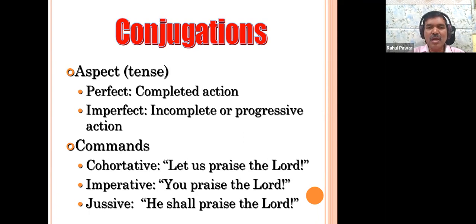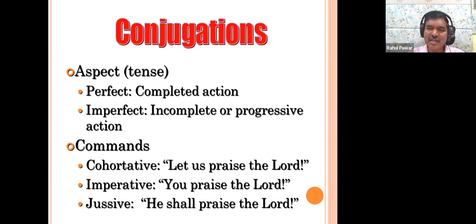As I told you, it is considered that perfect means action is completed, and it generally represents past tense. But strictly speaking, in Hebrew, there is no tense. Sometimes katalti, that you may say I killed, action is in past tense.